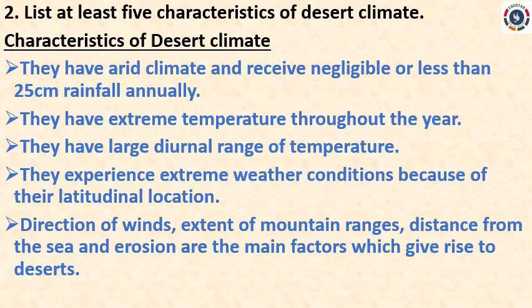They have a large diurnal range of temperature. They experience extreme weather conditions because of their latitudinal location. Direction of winds, extent of mountain ranges, distance from the sea, and erosion are the main factors which give rise to deserts.